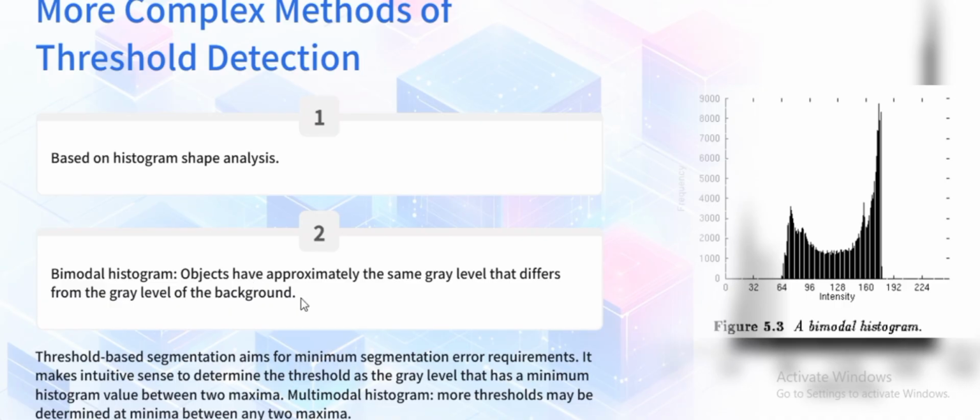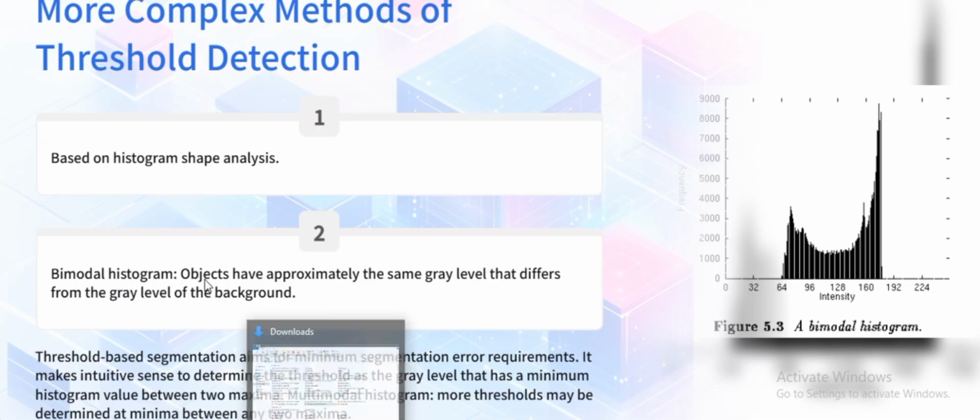We compute the histogram values in such a way that we have one set of same gray level conditions and another set of gray level conditions. Those objects having the same gray level are placed in one area, and those not having the same values are placed in another area, which is termed the background or the foreground. These two types of classification based on the histogram value are called a bimodal histogram, friends.